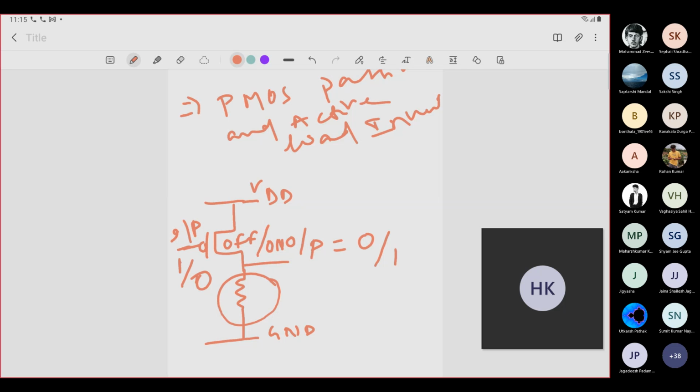This is the logic principle: it acts like a digital inverter. If the input is 1, the output is 0, and if the input is 0, the output is 1. So this is the circuit topology for the PMOS passive load inverter.